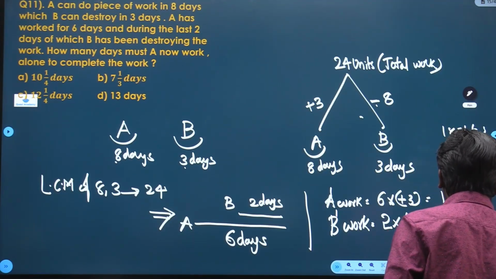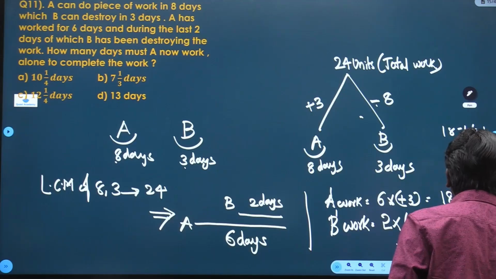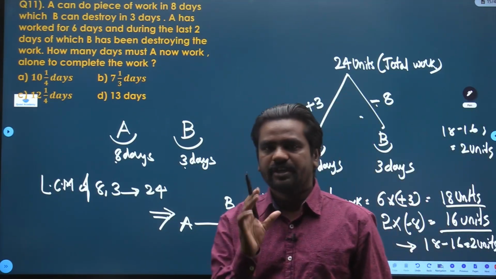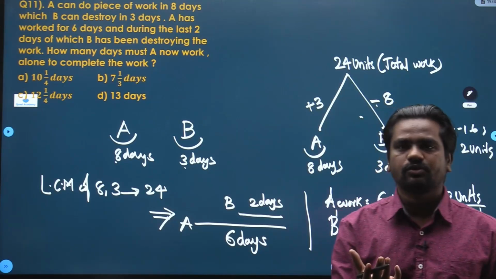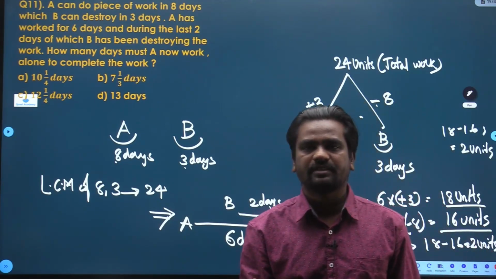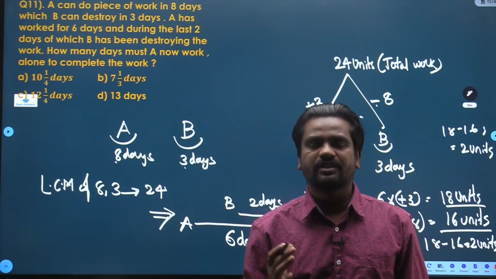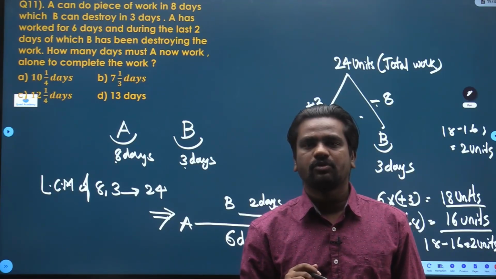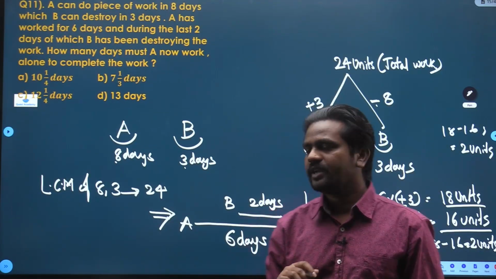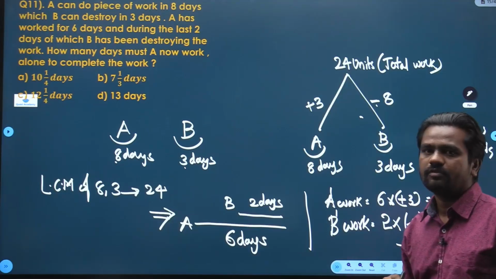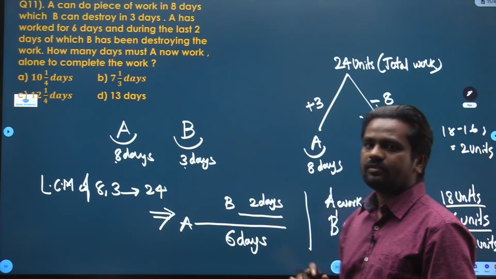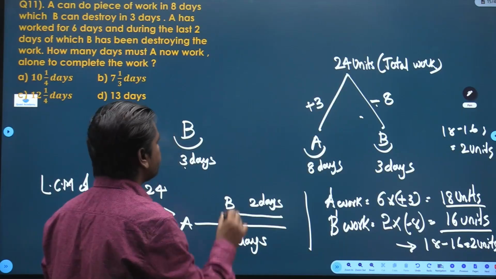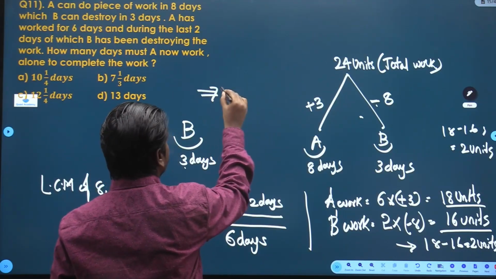The building is constructed and it is demolished. 18 units of work, constructing the building, has been done. Now 16 units of work, demolishing the building, has been done. So what is the building that remains? The positive work remaining is only 2 units. Whatever building has been constructed is now 2 units.